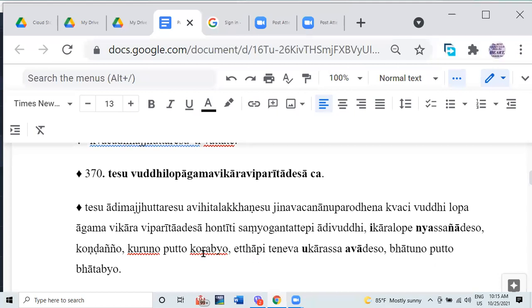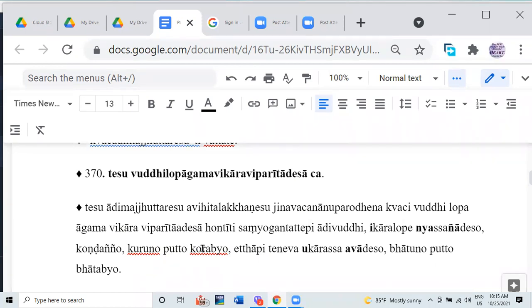So at the time, the sutta, the commentary ranges only up to Hundi. So any question about this Bodhi commentary? The Vikara and Viparita Adesa, especially Vikara and Viparita, I will explain what the differences are.